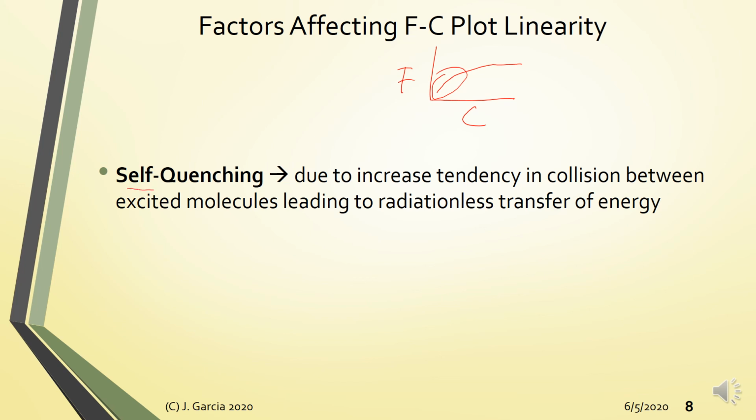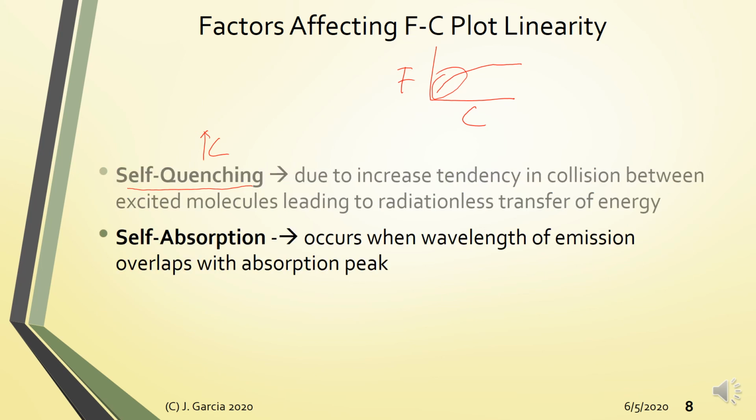So obviously, at higher solute or analyte concentration, the solution becomes more crowded with the analyte. So there is also an increased chance for your excited molecules to collide with each other, hence leading to radiationless energy transfer, so our fluorescence decreases.